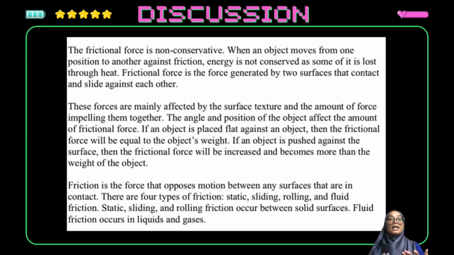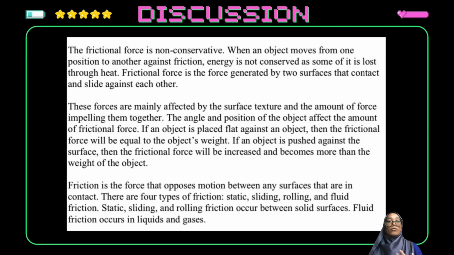If an object is placed flat against a surface, then the frictional force will be equal to the object's weight. If an object is pushed against the surface, then the frictional force will increase and become more than the weight of the object.